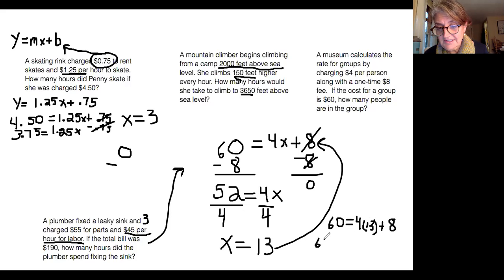And of course, 60 equals 4 times 13 is our 52 plus 8 is of course 60. So there we have it. 60 equals 60.